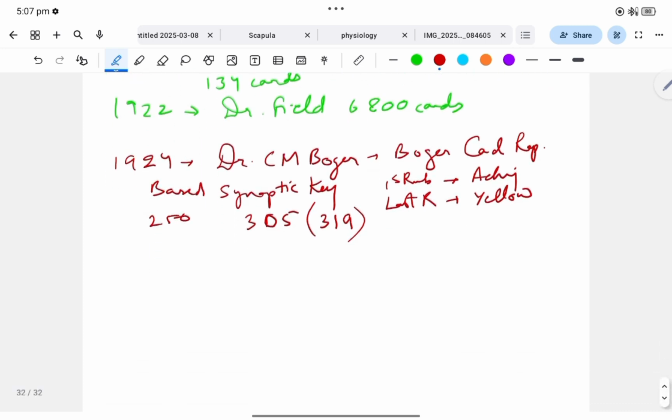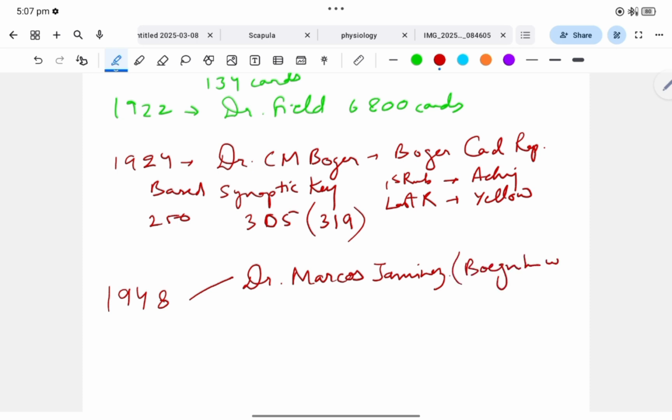Then after that, two card repertories came in the year 1948. The first was by Dr. Marcos Semenich repertory, which is based on Burning Hussain work. It was the first repertory to introduce evaluation of drugs. Total number of cards 520 and total number of remedies 522.